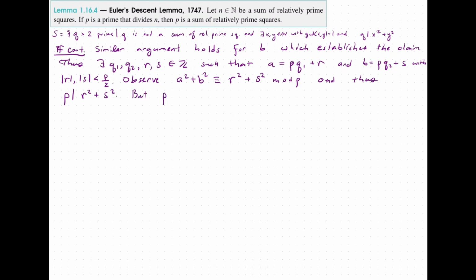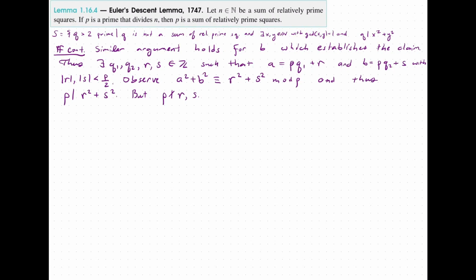But P does not divide R or S. Because if P divided R, then R squared would be congruent to 0 mod P. But then we must have, since all of this is congruent to 0, that S is also going to be divisible by P. So we know that P does not divide R and S. So we got that statement there.